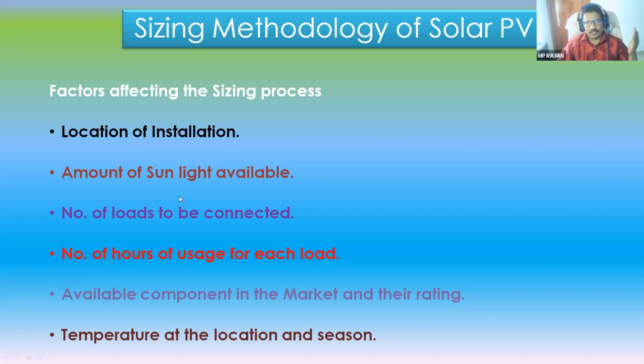You all know the different summer, winter, autumn, spring. The sun energy output we are getting is varying. So taking all these things into consideration, we have to go for the sizing. हमारा डिजाइनिंग पार्ट में ये सारे डाटा पैरामीटर्स हमको सोचना पड़ता है. So accordingly this is getting changed.